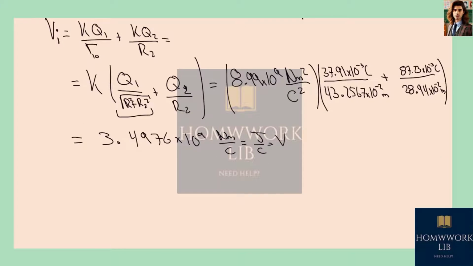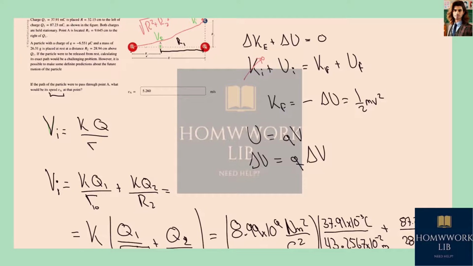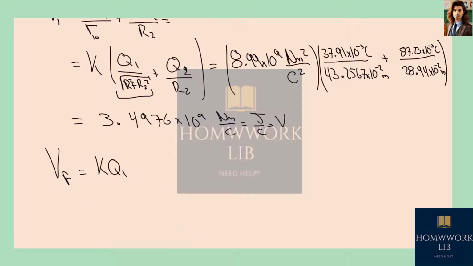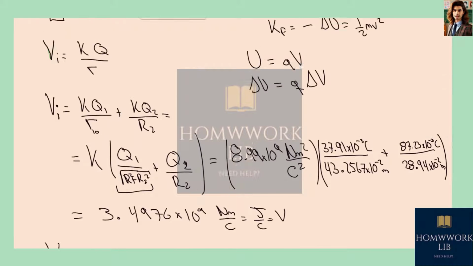And now the final potential at point A is going to be equal to kQ1 divided by the distance from Q1 to A, which is R3, plus kQ2 divided by the distance, R3, not R cubed, just to make the difference, times the distance that we got here.